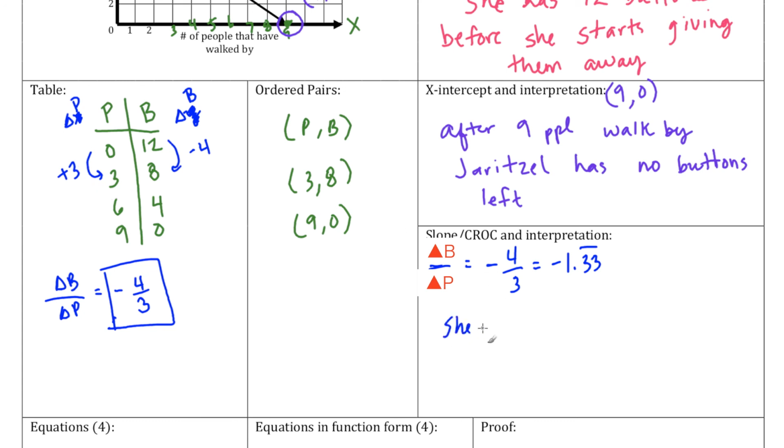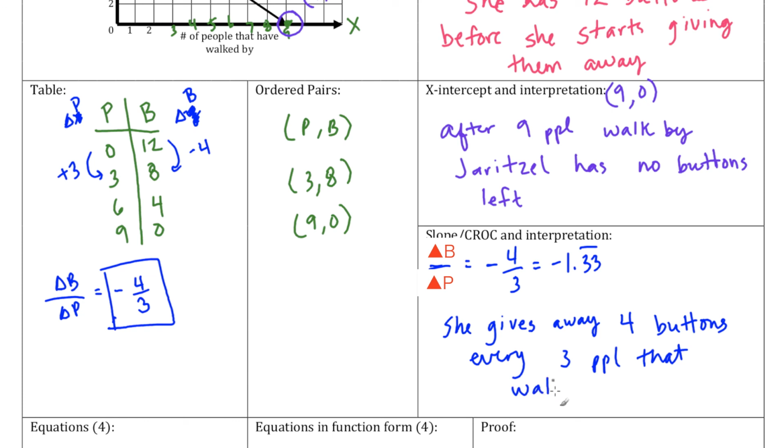So she gives away about, well, we'll just say she gives away 4 buttons every 3 people that walk by. Okay, cool.